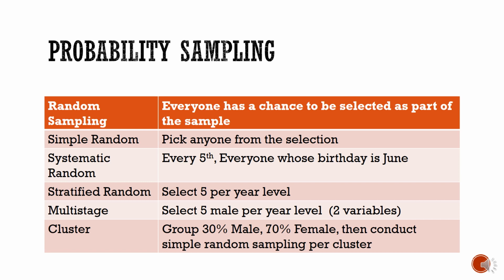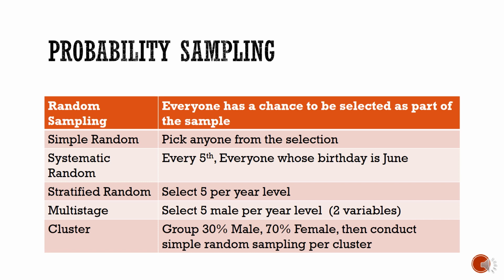Okay. For stratified, for example, there are different year levels. I will get 5 students per year level. So it goes higher and higher. So first year 5, second year 5, third year 5, fourth year 5. For multi-stage, I have to select 2 variables. For example, I have to specify, I want 5 male students. So what are my variables?